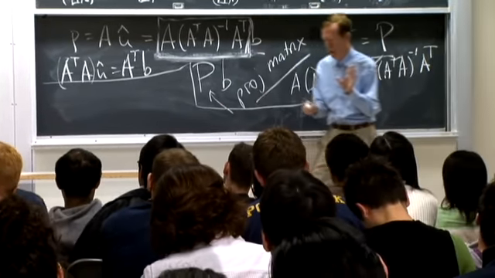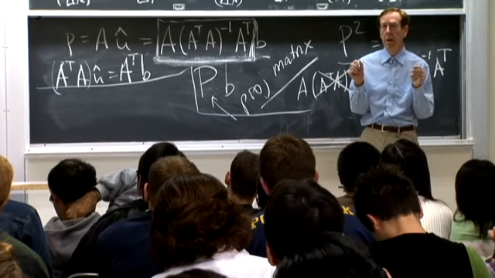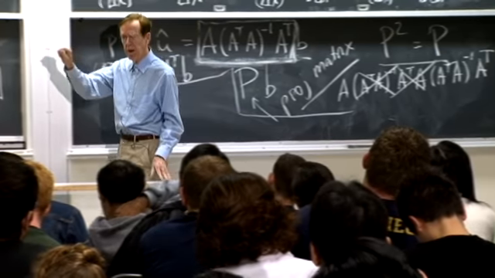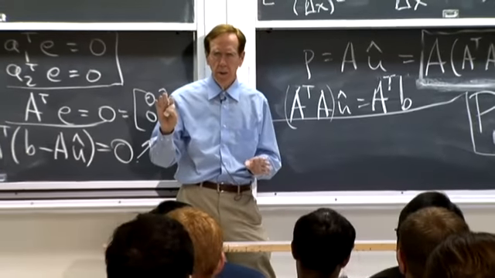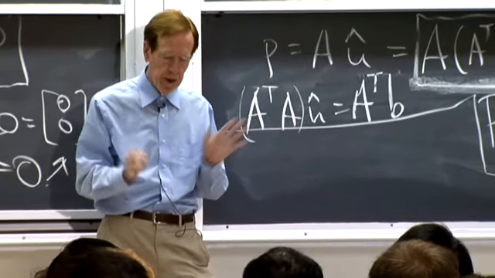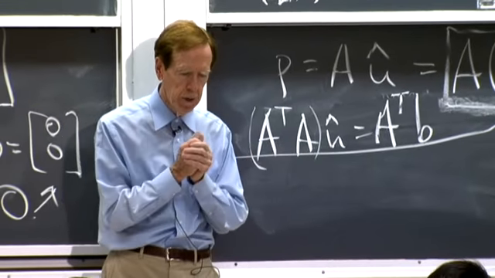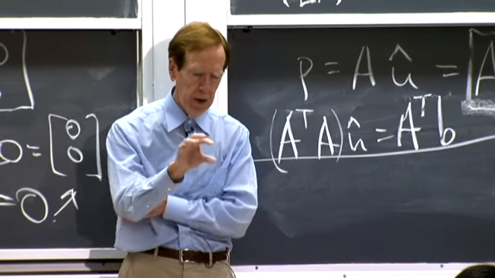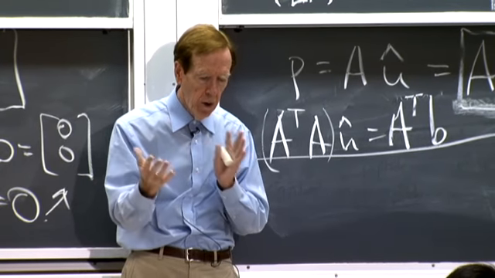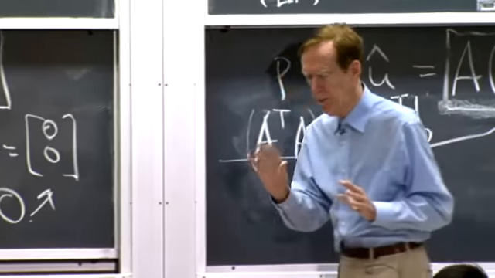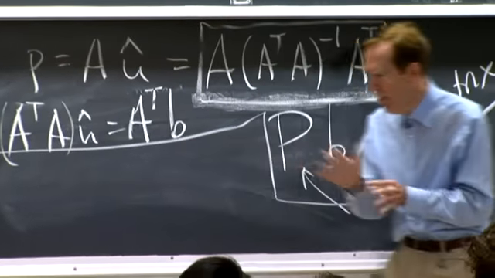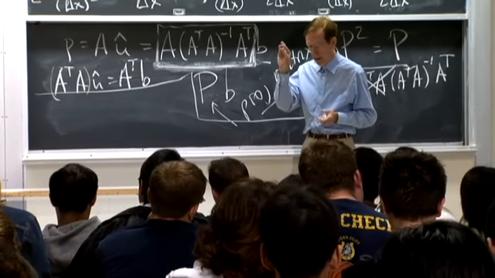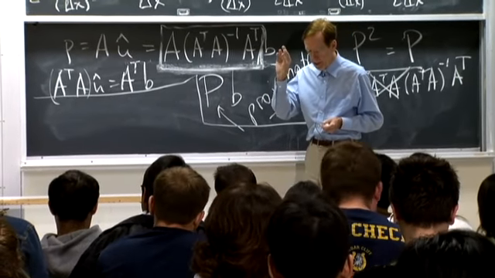What I'm doing here now is I'm separating the positive definite case, when A transpose A is positive definite, the good normal case, when all our equations work, from the semi-definite one, where somehow the experiment wasn't well set up, and we got an A transpose A that is singular.